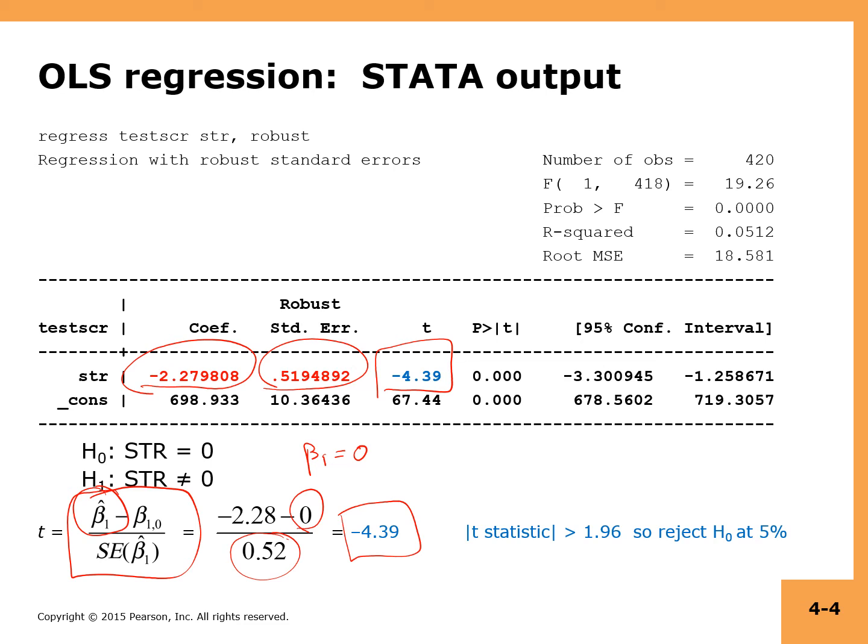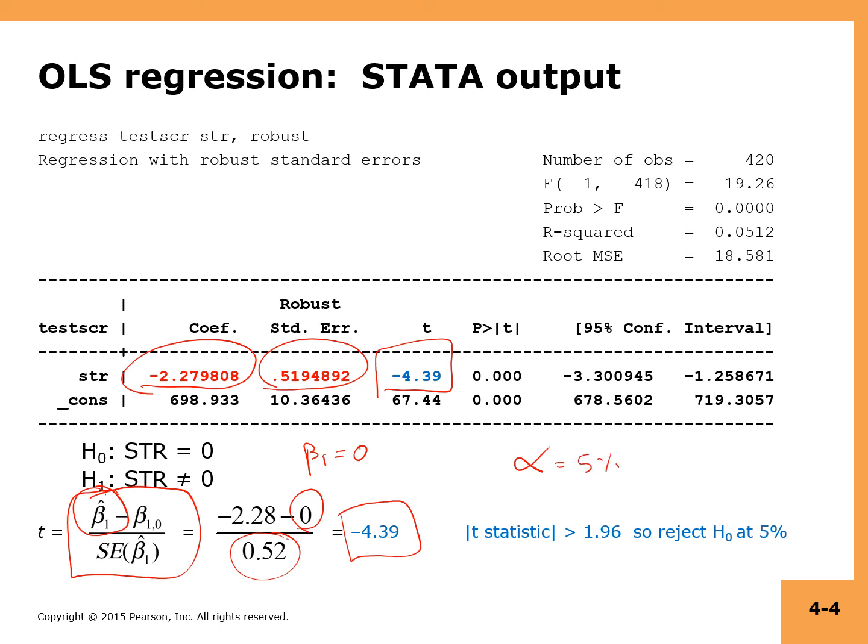When you have this test statistic, you need to compare it to the critical value. So in hypothesis testing, you can either use the critical value method or the p-value method. First, using the critical value method, say we want a significance level alpha of 5%.